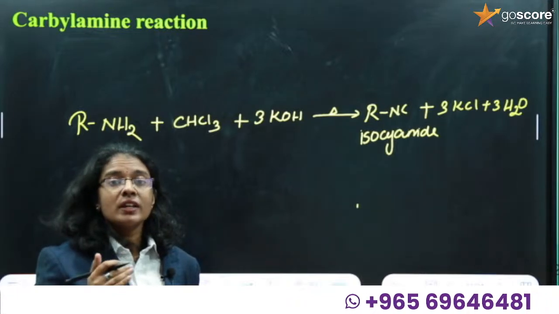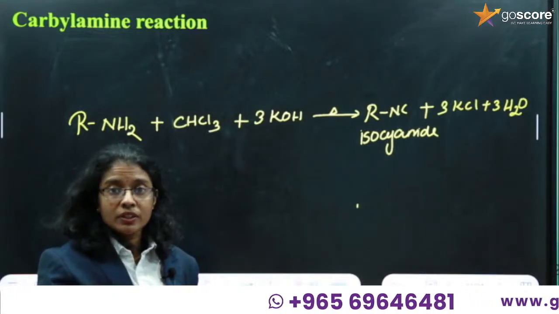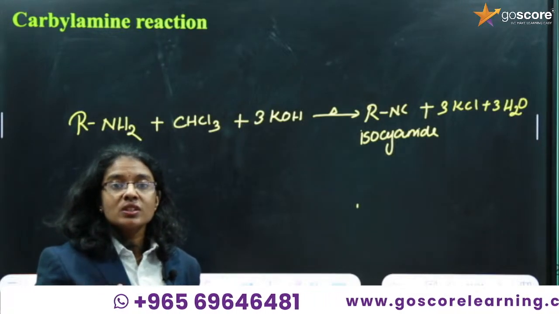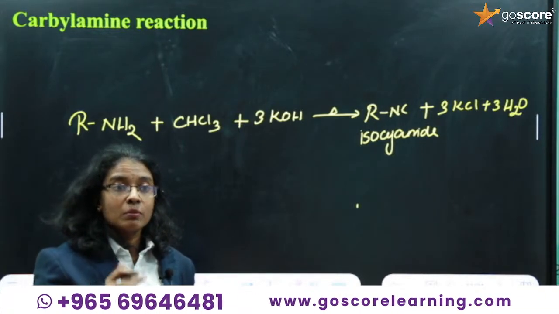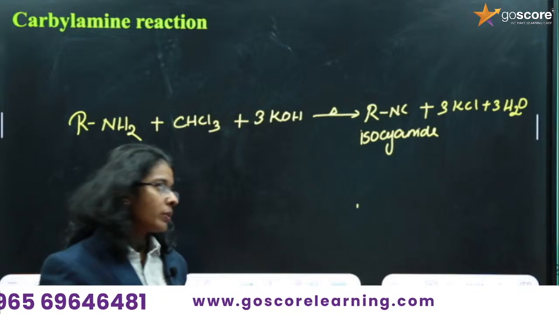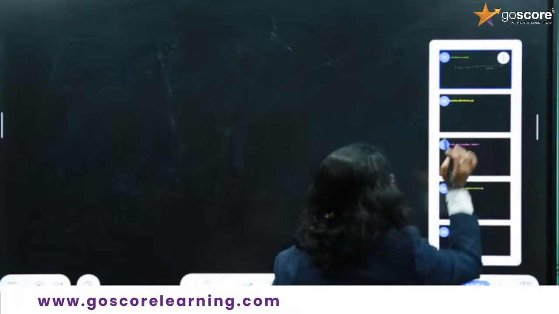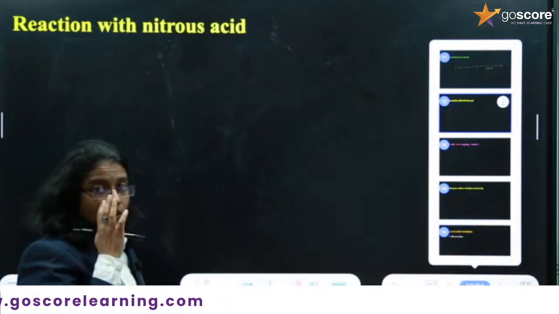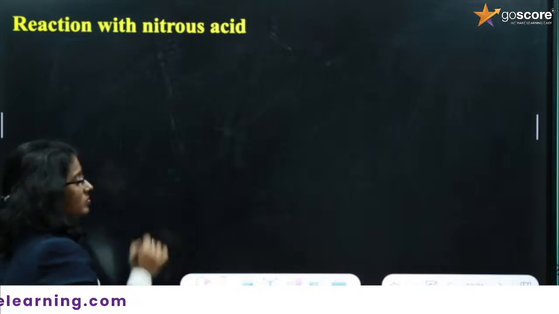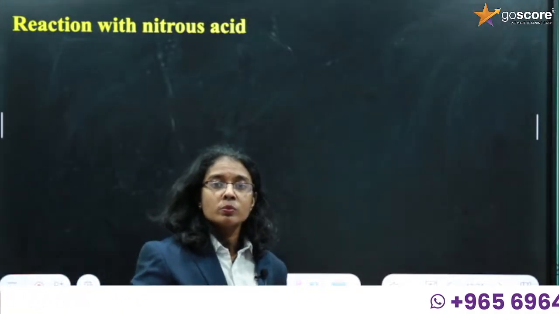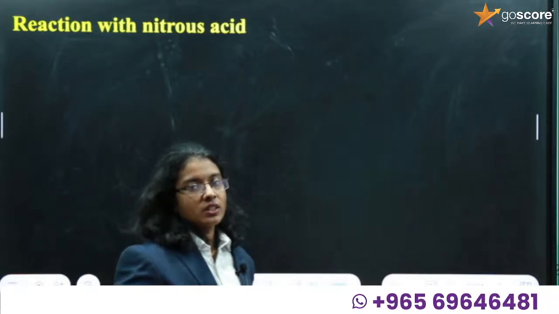So from the first distinguishing test, we understand that the compound contains an amine. Now we have to find whether it is a primary aliphatic amine or a primary aromatic amine. The next test is to distinguish this: reaction with nitrous acid. What is nitrous acid? NaNO2 plus HCl is nitrous acid.